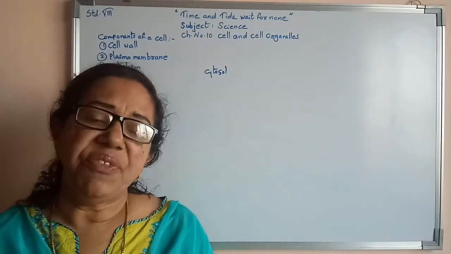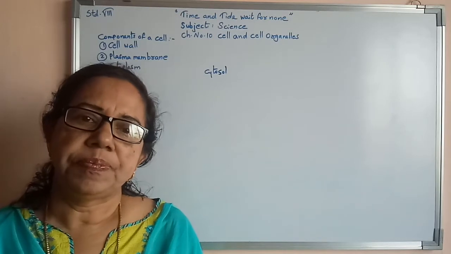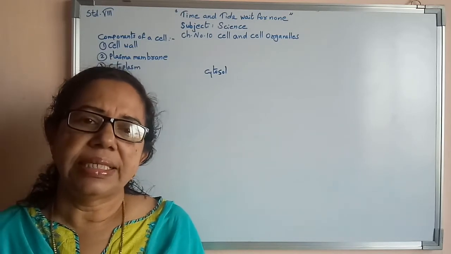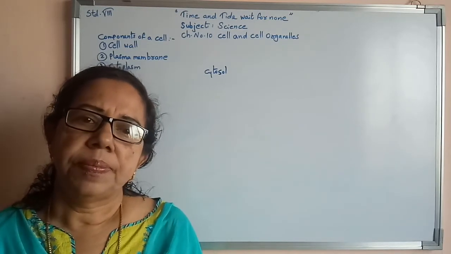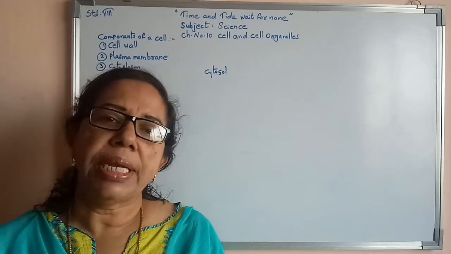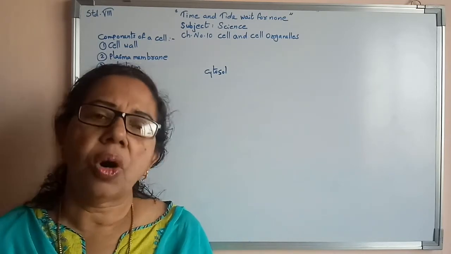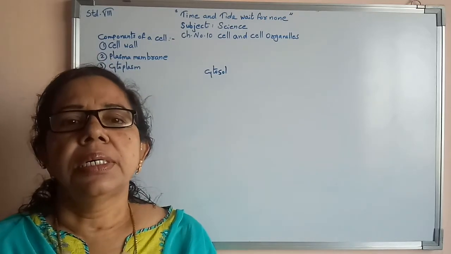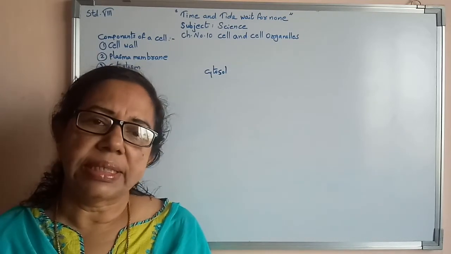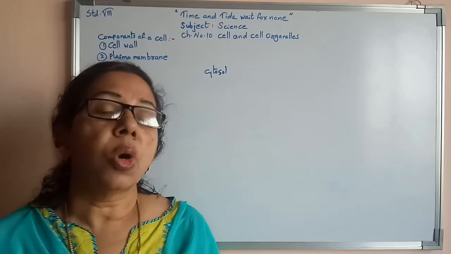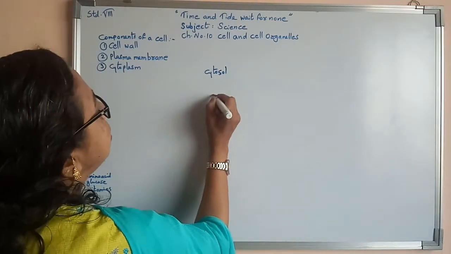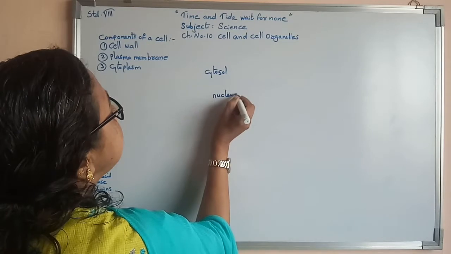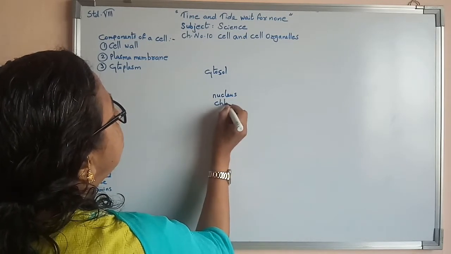Thus, each and every cell organelle has its own lipoprotein covering or membrane, other than nucleus and chloroplast.